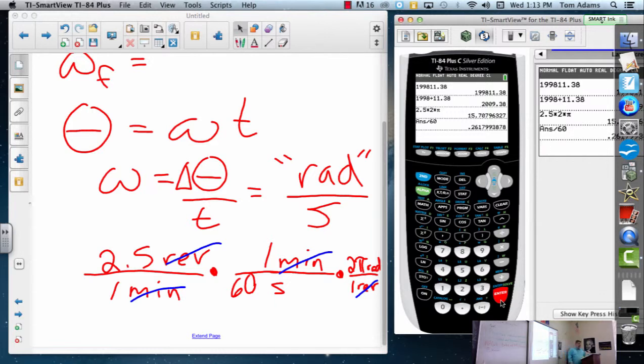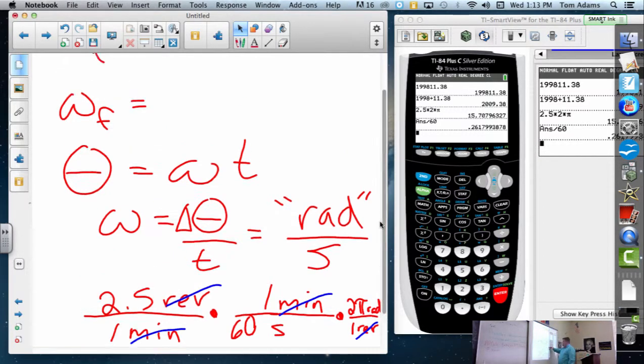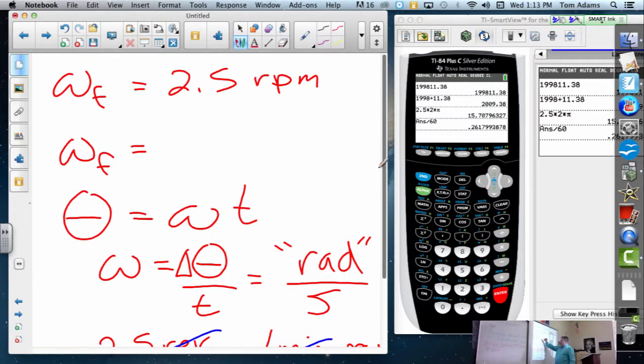And we get 0.262 radians per second, right? So we did all that work to say that this was 0.262 radians per second. That was a lot of work, wasn't it? Does that make sense, though? Can't forget that. So are we done?